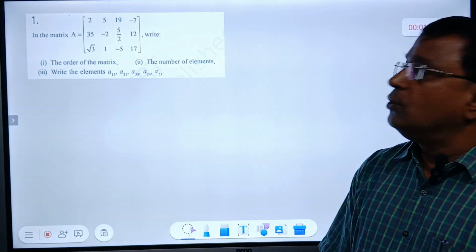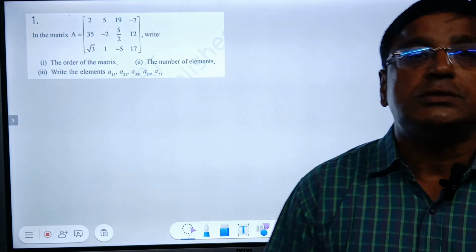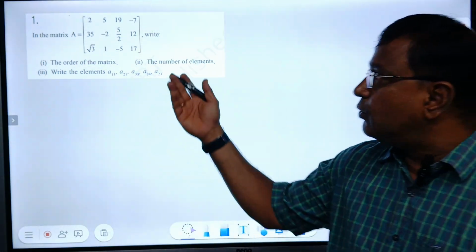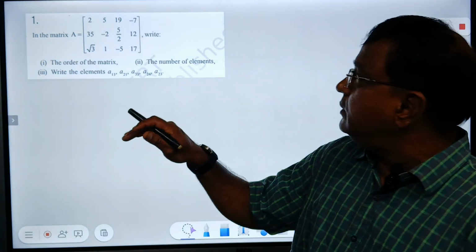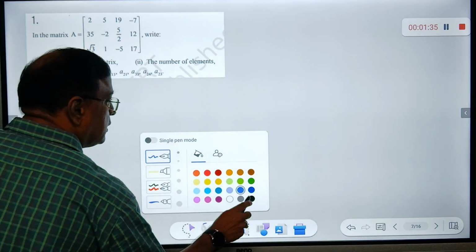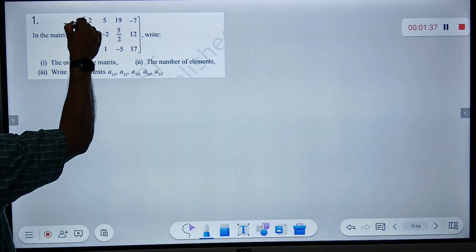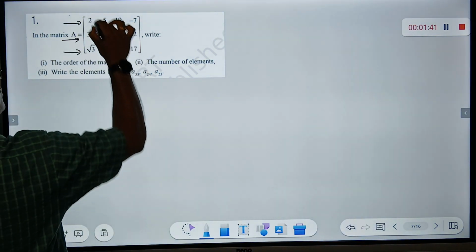You know what the order of a matrix is from the previous class. It's the number of rows by number of columns. Now look at it and tell me how many rows are there. There are 3 rows and it has 4 columns.